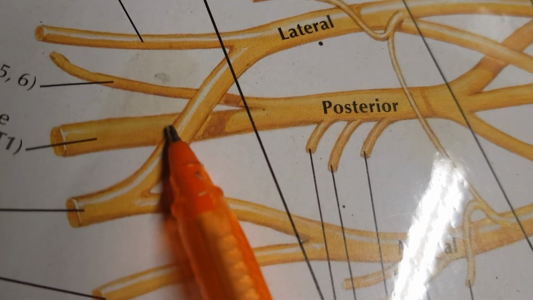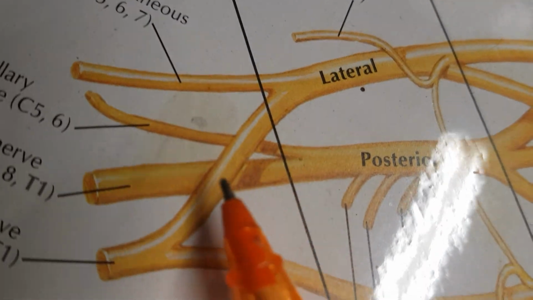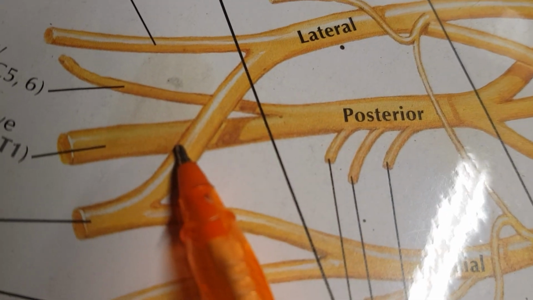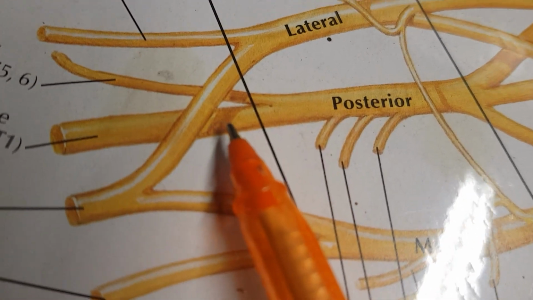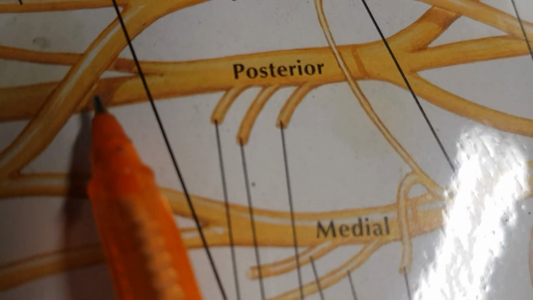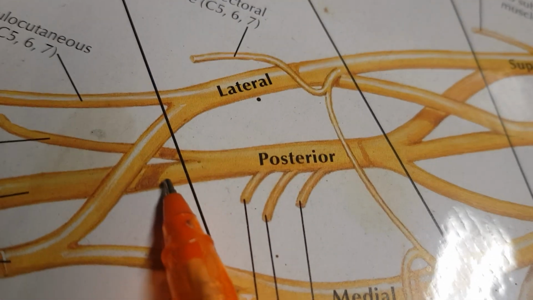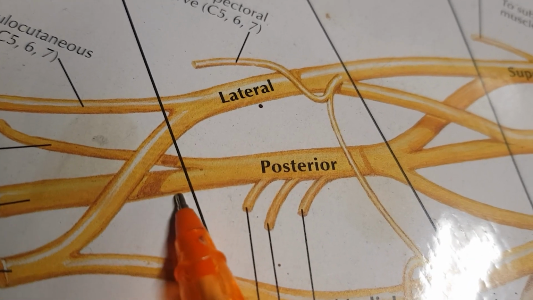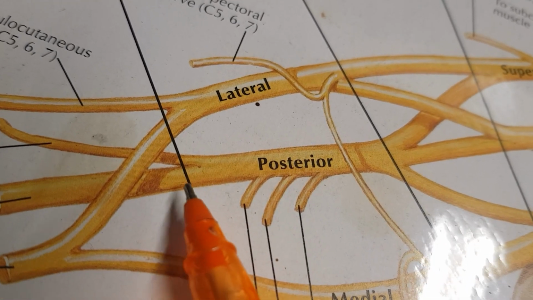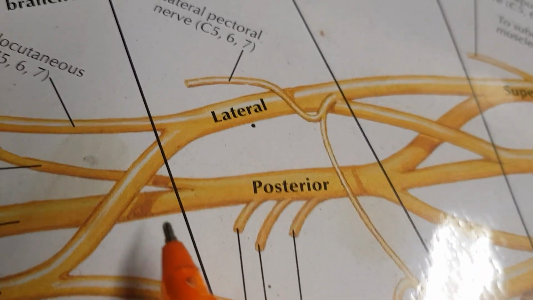Extensor digitorum will be affected. Extensor digiti minimi will be affected. Extensor indicis will be affected. Extensor carpi ulnaris will be affected. And abductor pollicis longus is supplied by radial nerve, also will be affected. And extensor pollicis brevis will be affected because it's part of the radial nerve. And extensor pollicis longus will also be affected.